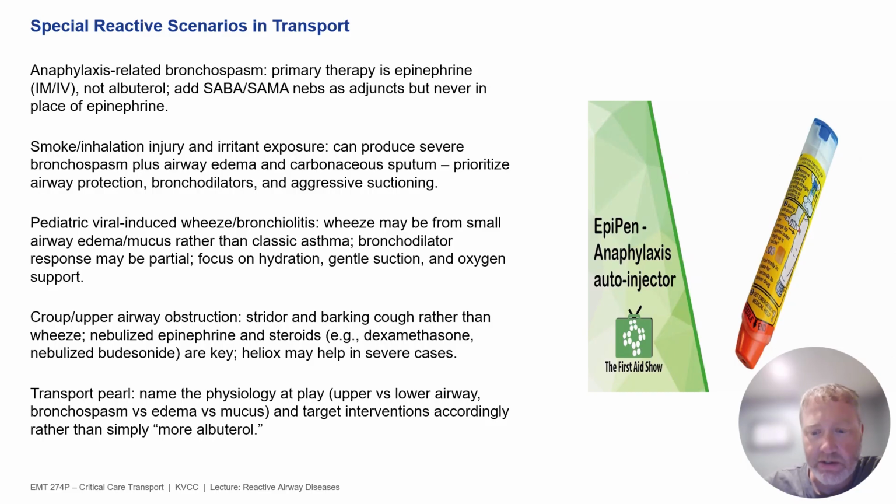It only affects the beta 2 receptors on the airway smooth muscle in the lower, distal airways. Your racemic epinephrine will only work on upper airway swelling. It does absolutely nothing, or very little, for actual bronchospasm.